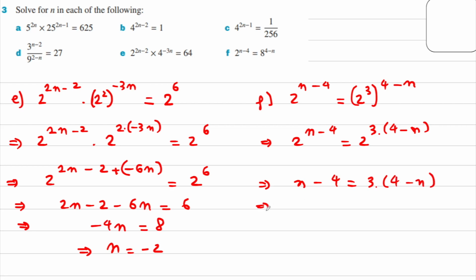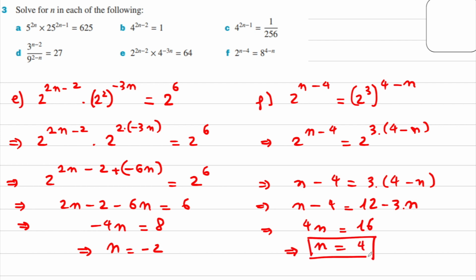Expand the right hand side: 12 minus 3n, and then 4n equal to 16, so n equals 4. Yeah, that's it. That is question F.